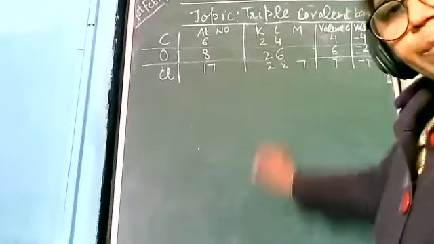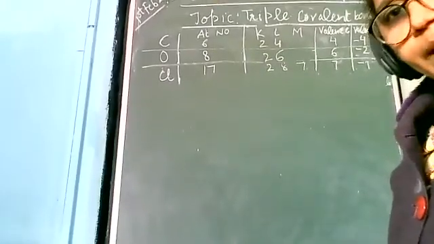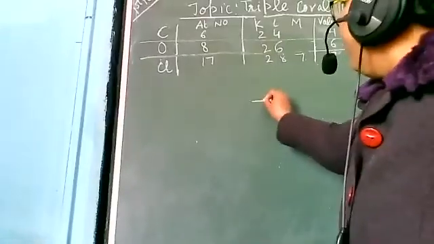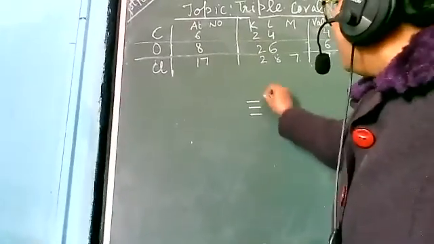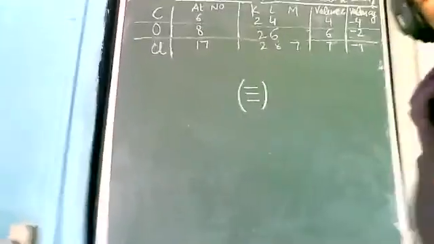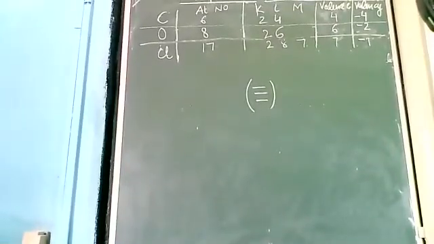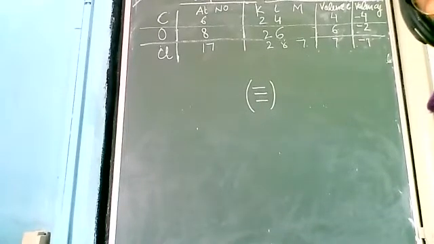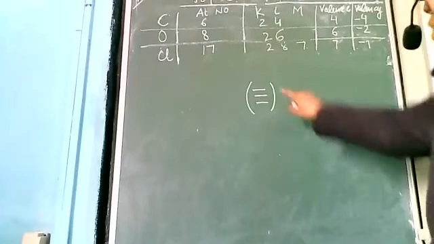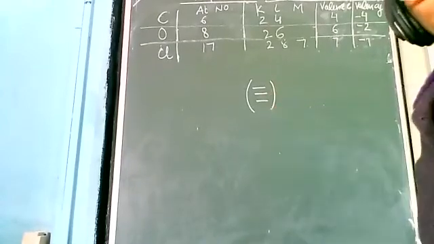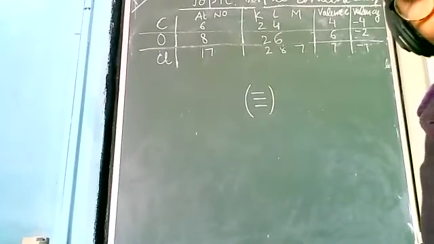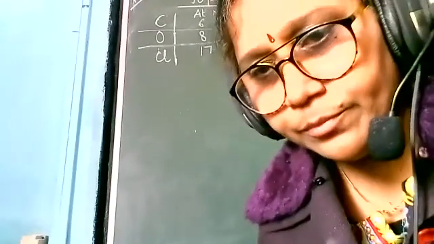And how would we represent it, Yukti? By 3 lines. Very good. We will represent it by 3 lines between 2 atoms. जहां ये bonding हो रही है, we will show it by 3 straight lines between those 2 atoms. Is it clear? Written all of you?